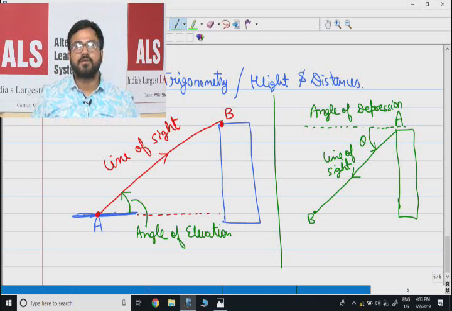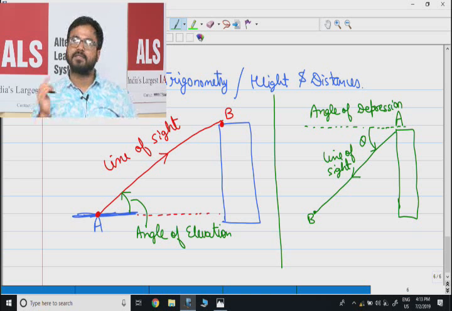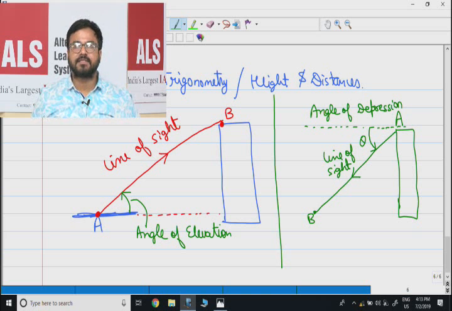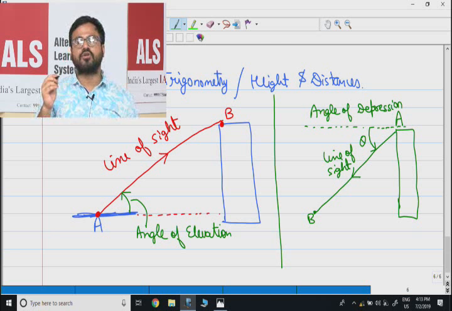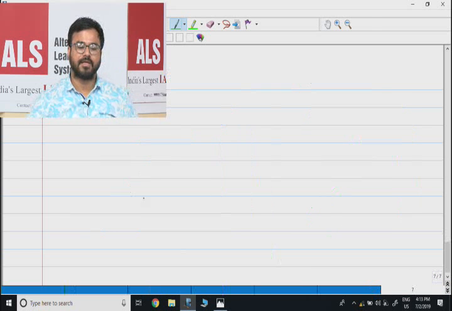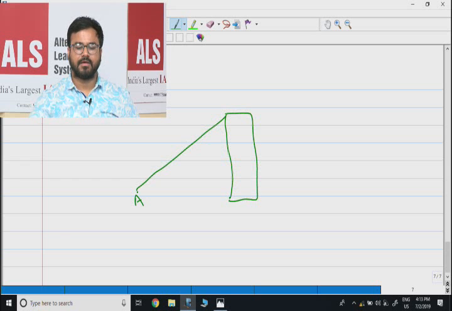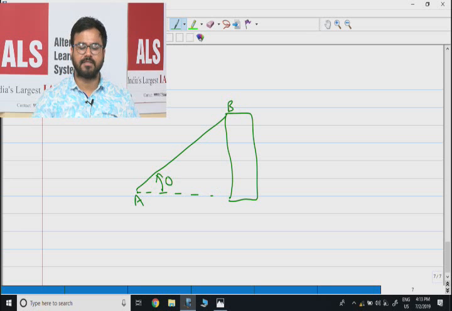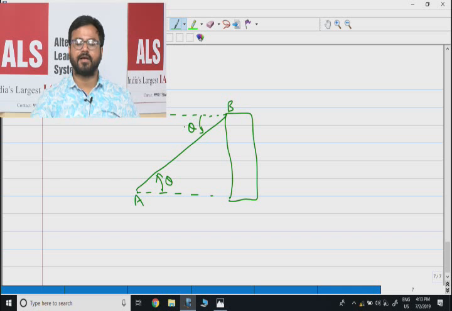So there are two types of angle which we will talk about in this class. One is the angle of elevation, and the second one is the angle of depression. You might be thinking about the same case, the same building: A is standing over here, this is my building, and this is B. If A is making this angle as the angle of elevation, then at the same point, suppose there is a person B over here, B is making this angle of depression.